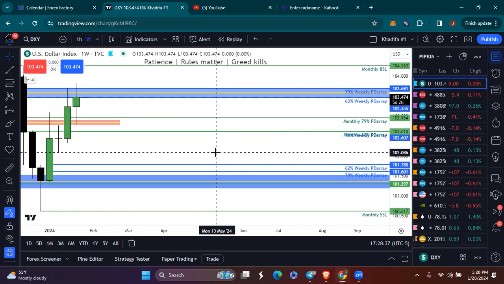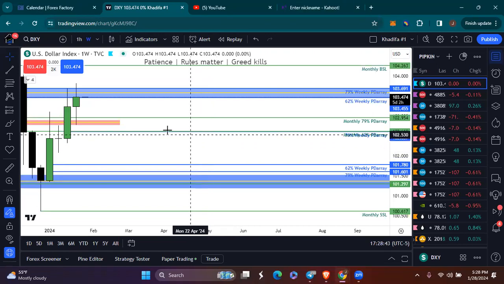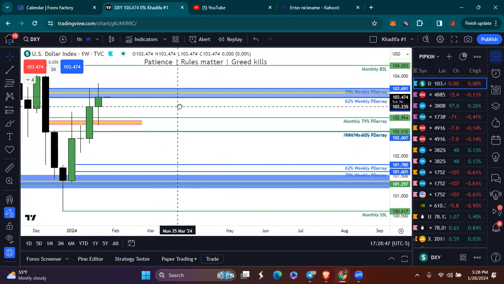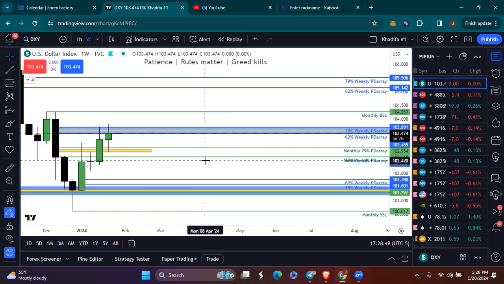So, on this episode of the pre-week analysis, we're just going to be pointing out where I think the draw on liquidity is at, right?